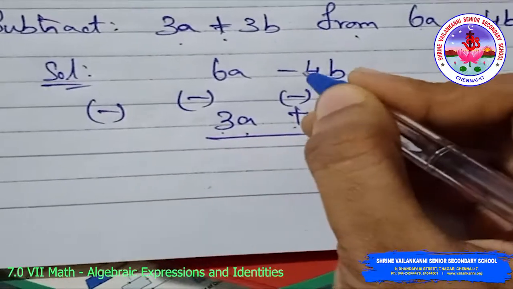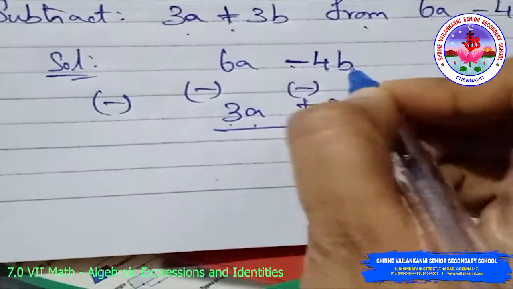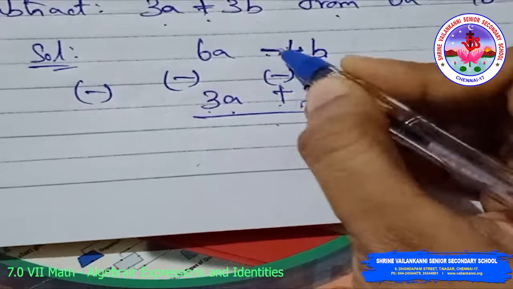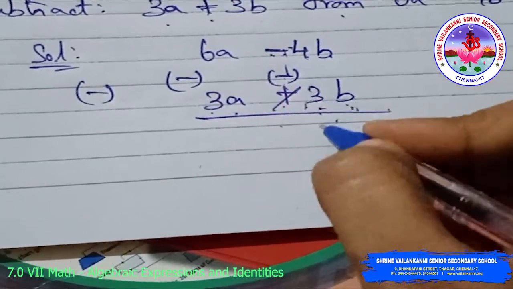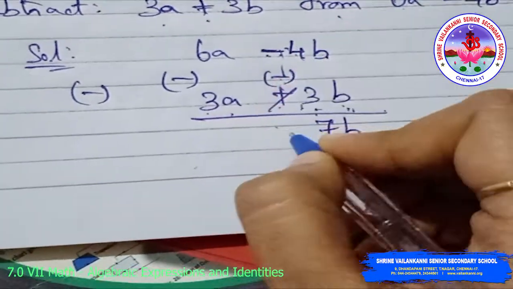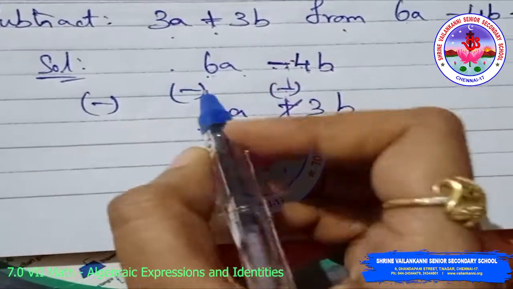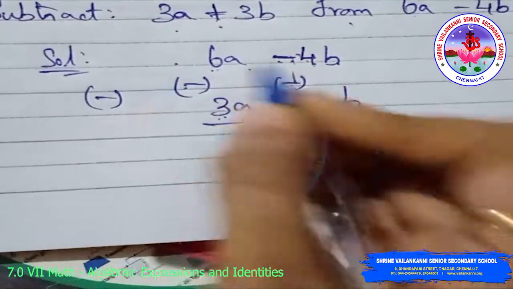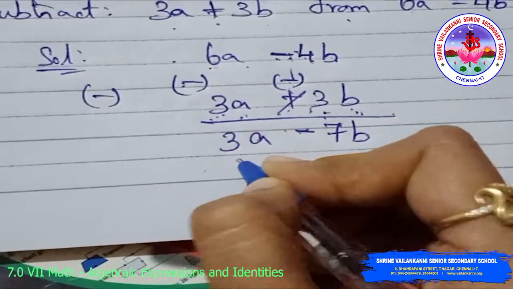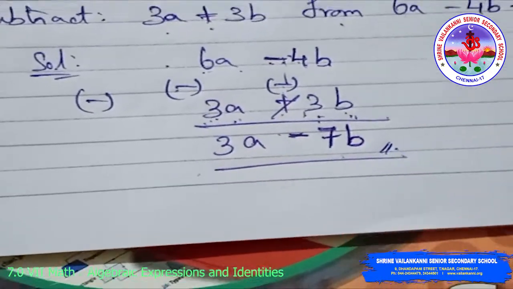So in the first expression negative 4b, in the second expression also negative 3b. The signs are the same, so you add the values: 4 plus 3, that is 7b, with a negative sign. Here 6a is positive, 3a is negative, so 6 minus 3 is 3. Positive 3a minus 7b is the answer.